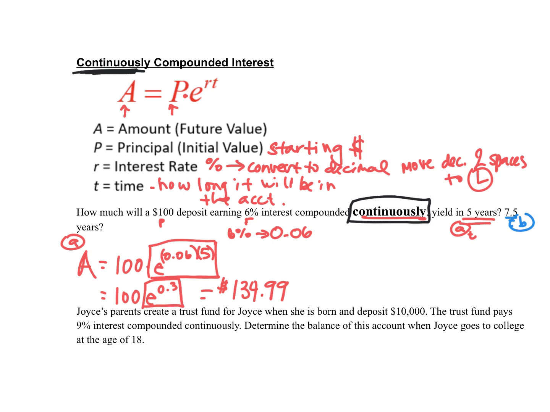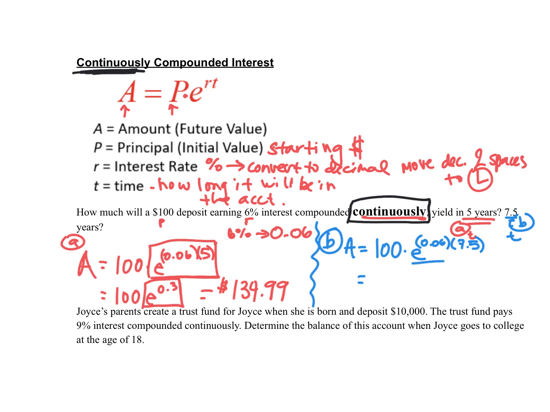Okay, now the next one we're going to do is a different time. We still have the same P, the same interest, and it's still compounded continuously, but now our time is going to be 7.5 years. So let's set that up. A equals $100 is our P, times E to the R, which is our rate, 0.06, times, now our new years is 7.5 years.